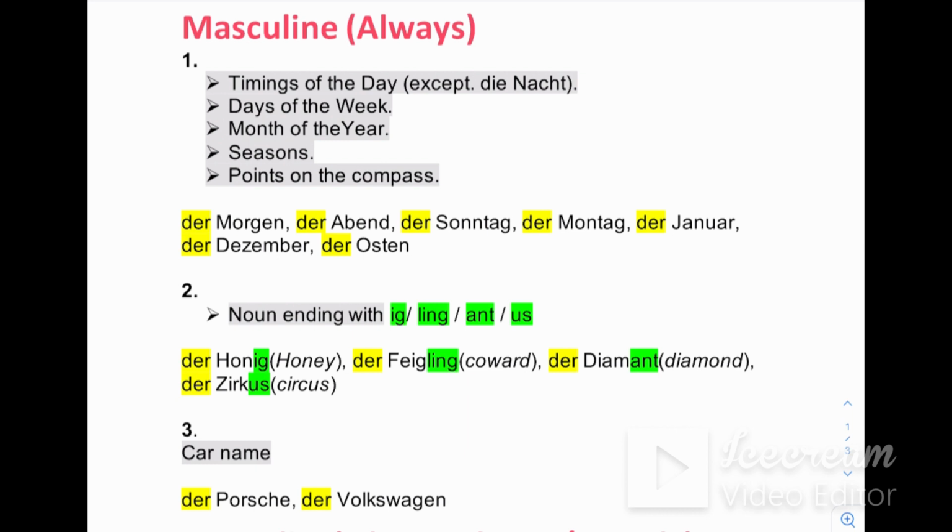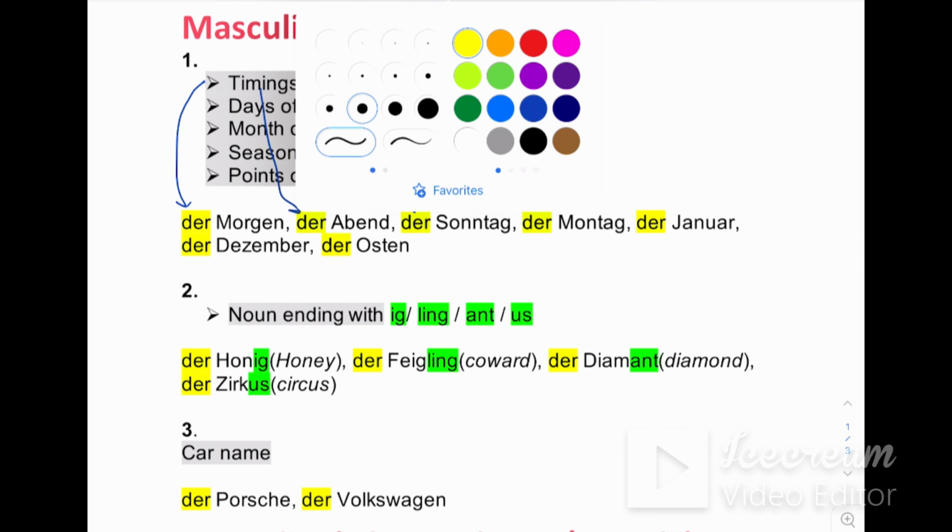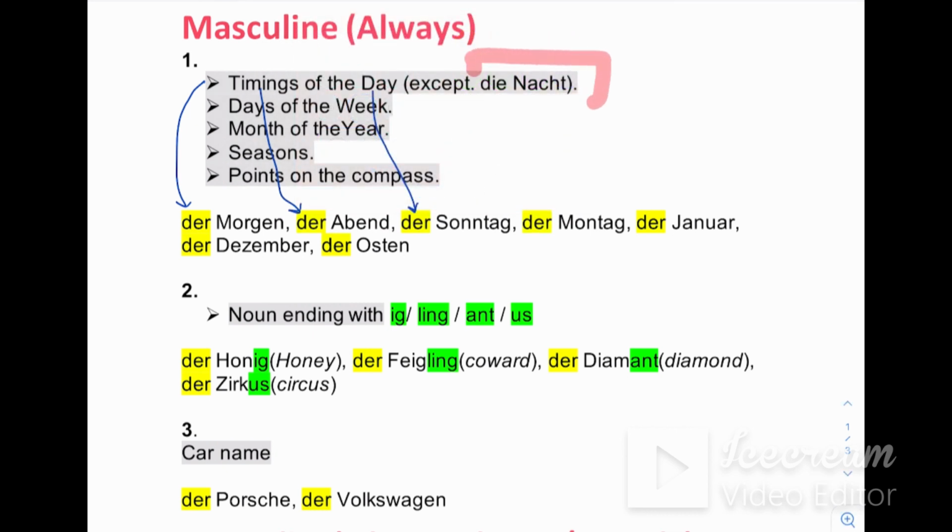Whatever the timings of the day, for example, der Morgen, der Abend, der Sonntag. And I already told you the exception is die Nacht. It does not take der masculine, it's die Nacht.